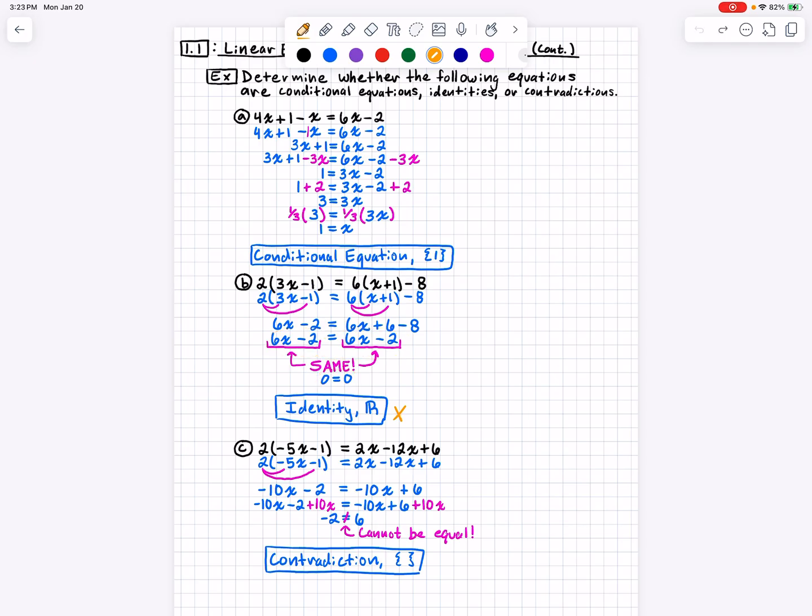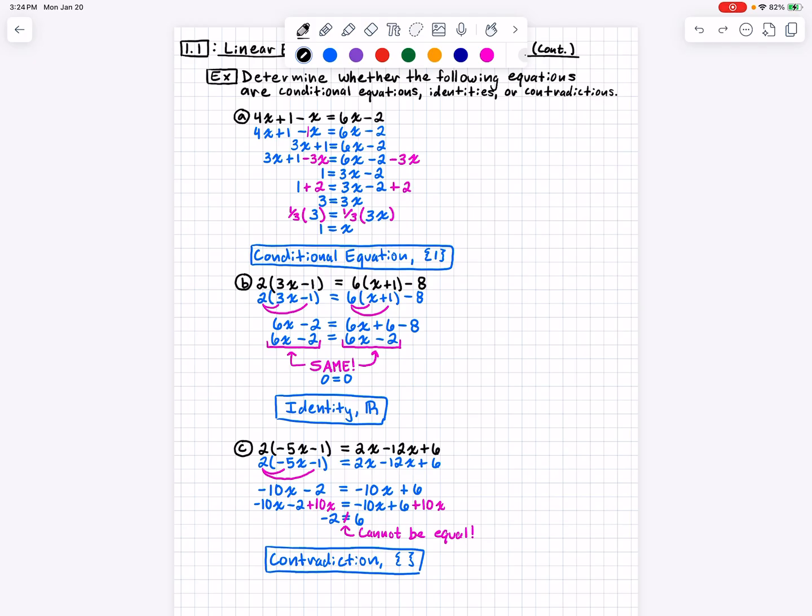Something that is the same. And then we have a contradiction. We get a contradiction from something that is false, meaning negative 2 does not equal 6. That's just false. We can't have that, so that is a contradiction. And that concludes this example.